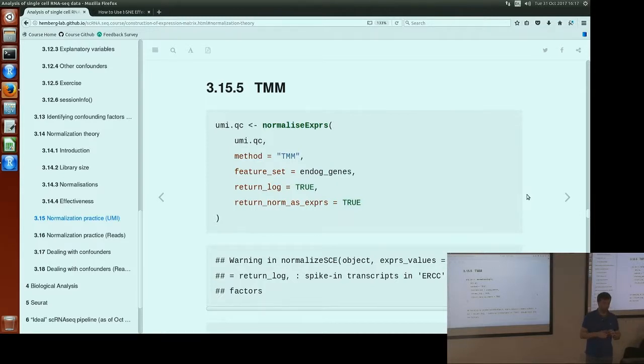We use endogenous features to define the size factors for all cells, and these size factors are then applied to those endogenous genes. But the more principled approach, if we want to also normalize spike-in transcripts appropriately, is that they need separate size factors. That's not accounted for by any of these methods that came from bulk, and that's what that warning reflects.